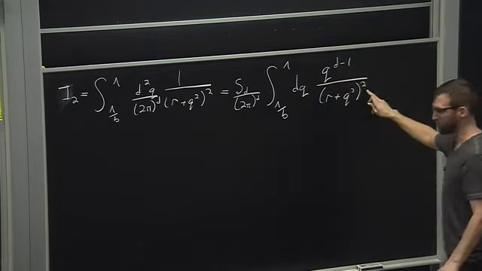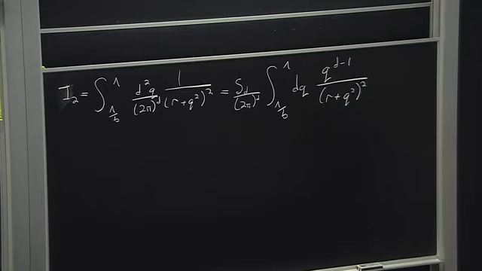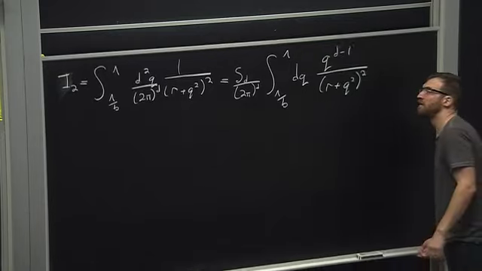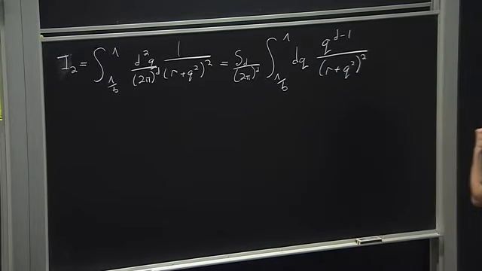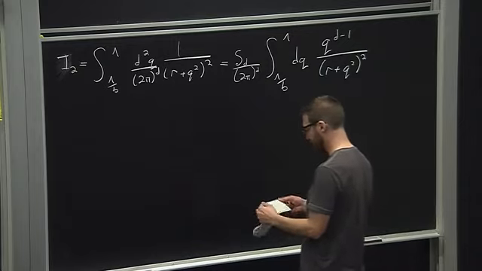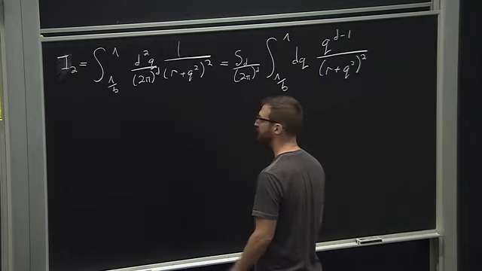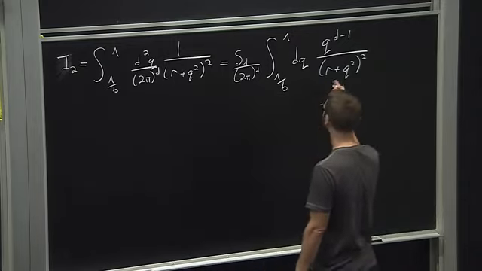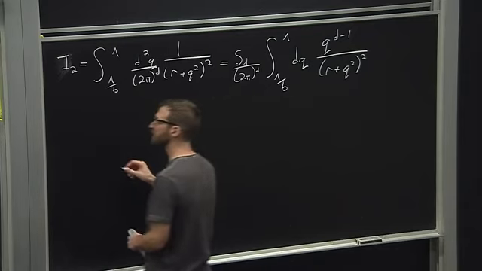So the only difference is we have a square here. Very similar to what we did before. And just like I did there, I'm going to expand out the denominator.